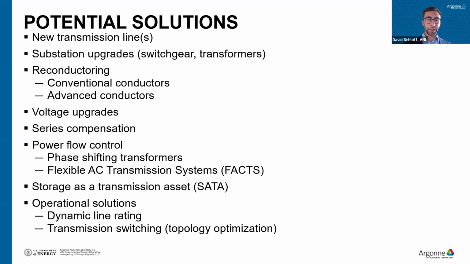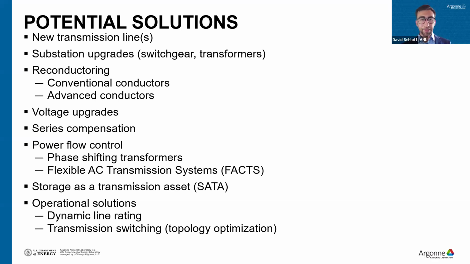Storage as a transmission asset is another option. And there are also operational solutions like dynamic line rating and transmission switching or topology optimization. And Order 1920 does require an assessment of specific solutions of this list.